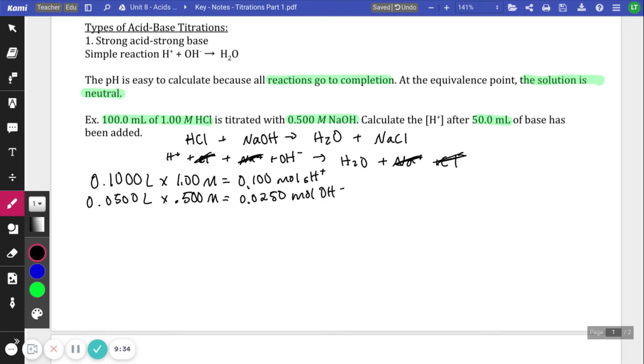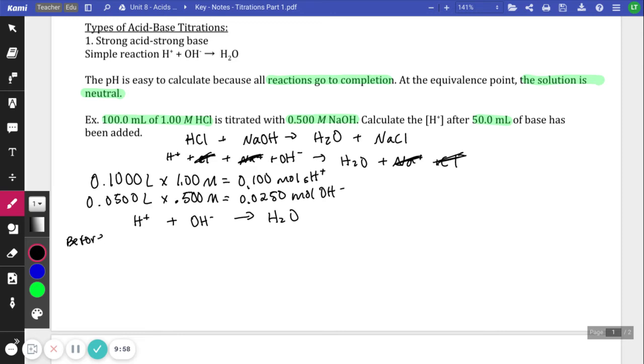Okay, so now we are going to make a BCA table. The BCA is before, change, and after. It's basically a rice table with just slightly different naming on it. So our net ionic equation is that our hydrogen plus our hydroxide is going to form water.